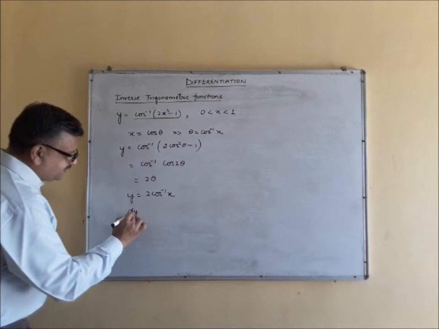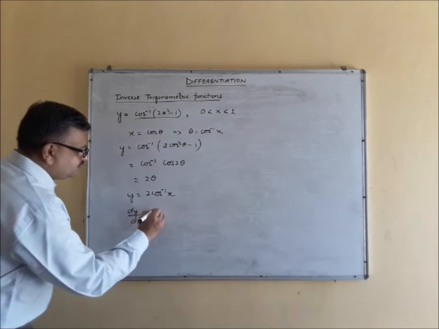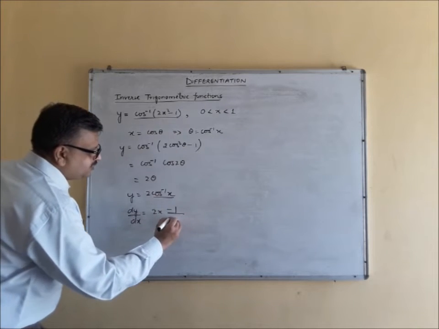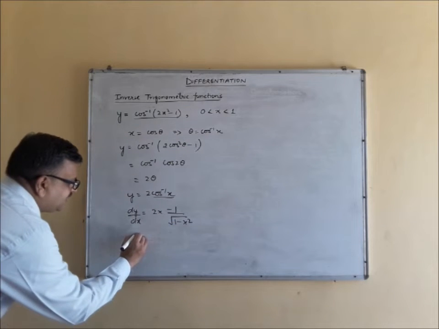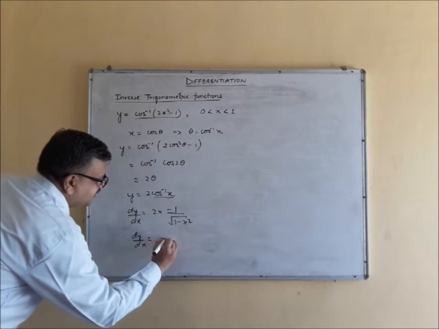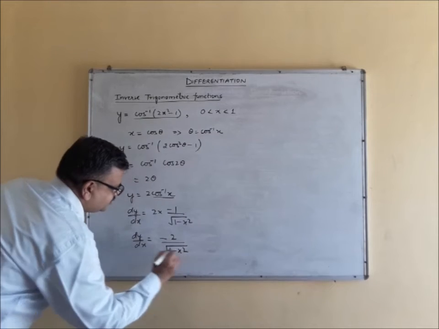Now we find its derivative. dy by dx is 2 into the derivative of cos inverse x, minus 1 upon under root 1 minus x square. So dy by dx is equal to minus 2 upon under root 1 minus x square.